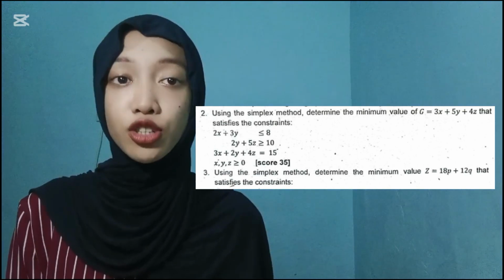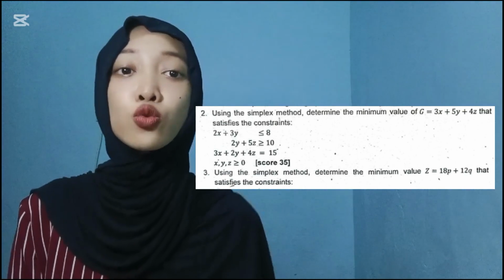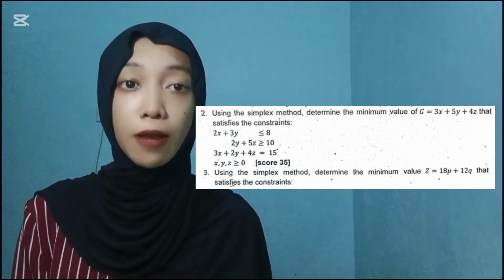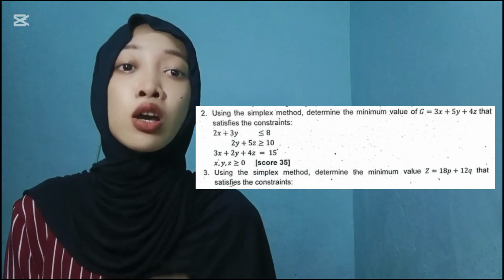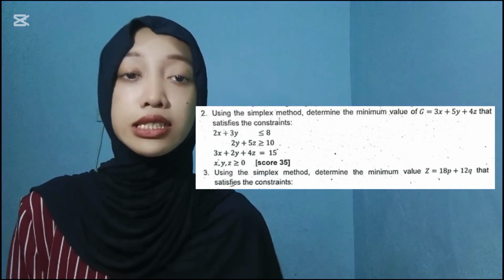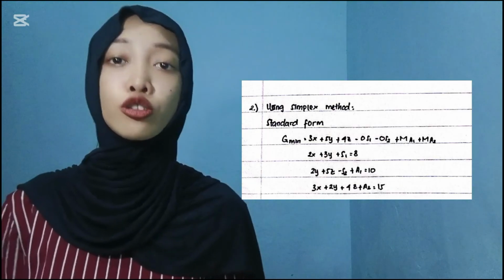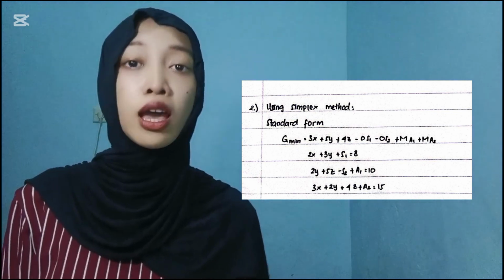And the last constraint, 3x plus 2y plus 4z is equal to 15, with x, y, and z bigger than 0. So first step, we should convert to standard form.